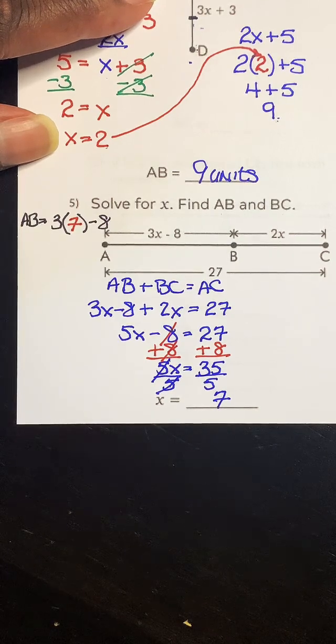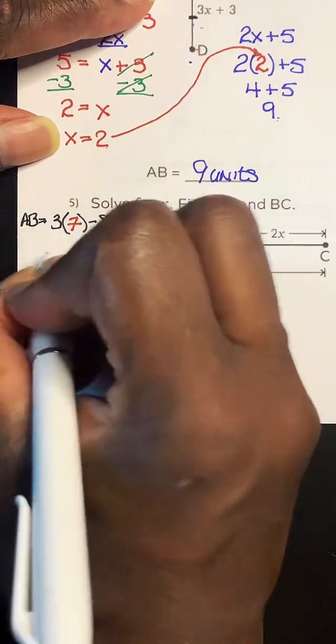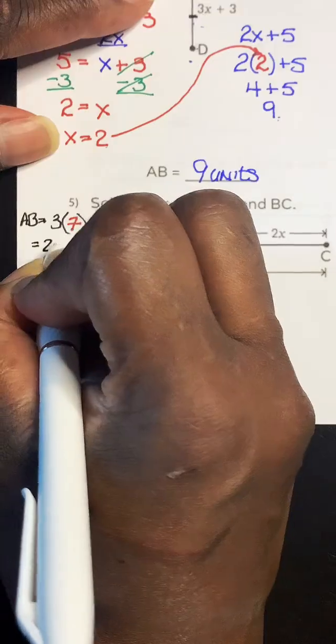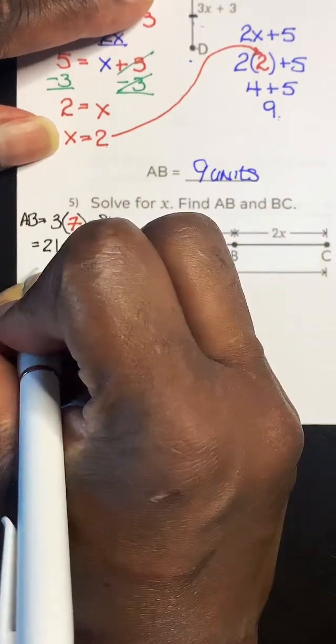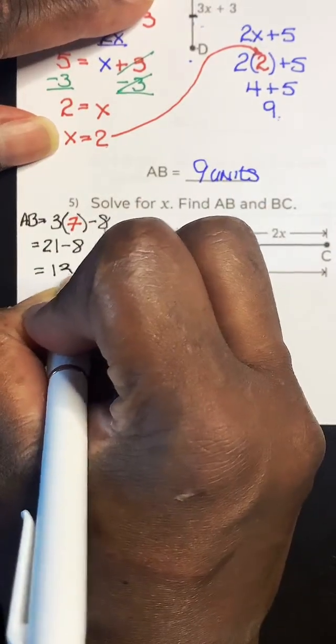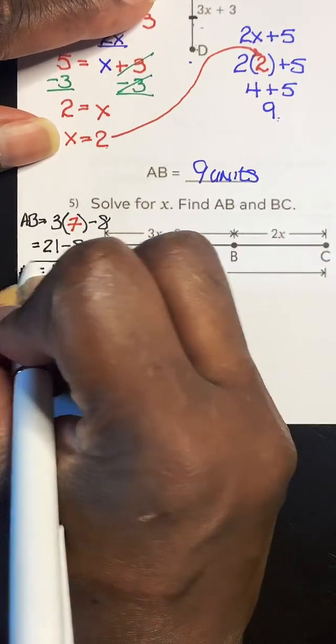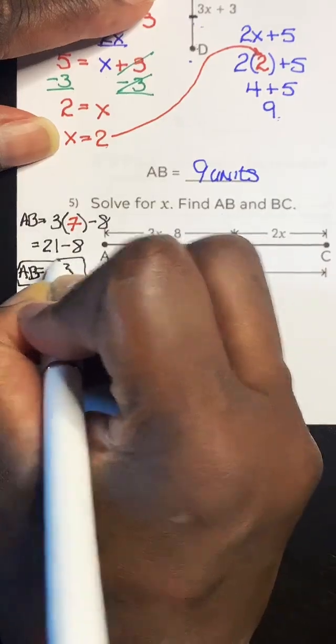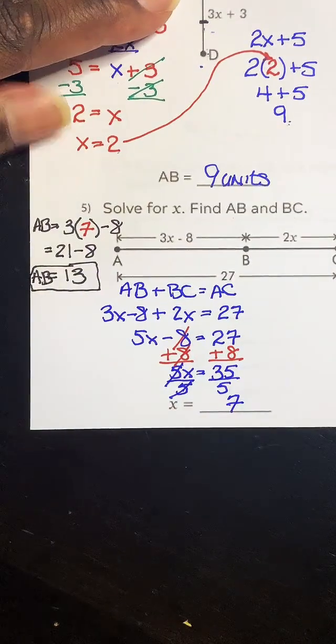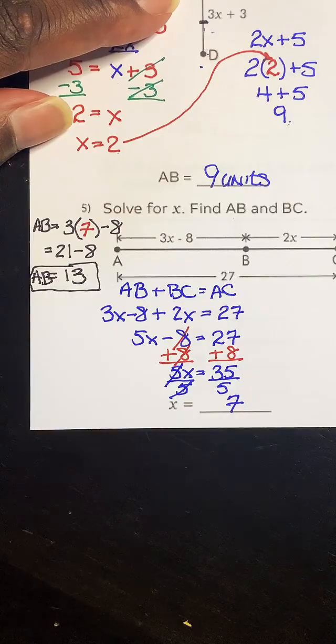And 21 minus 8, that'll give you your 13. So that's your AB. Your AB is going to be 13.